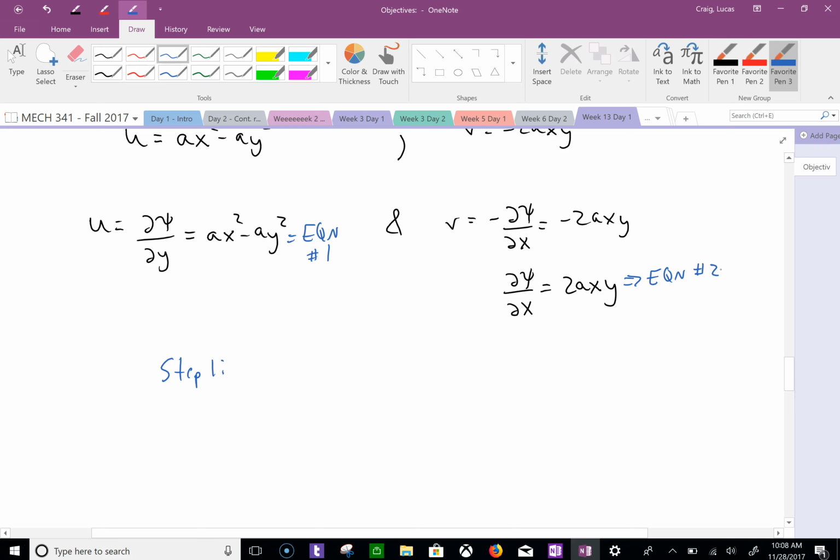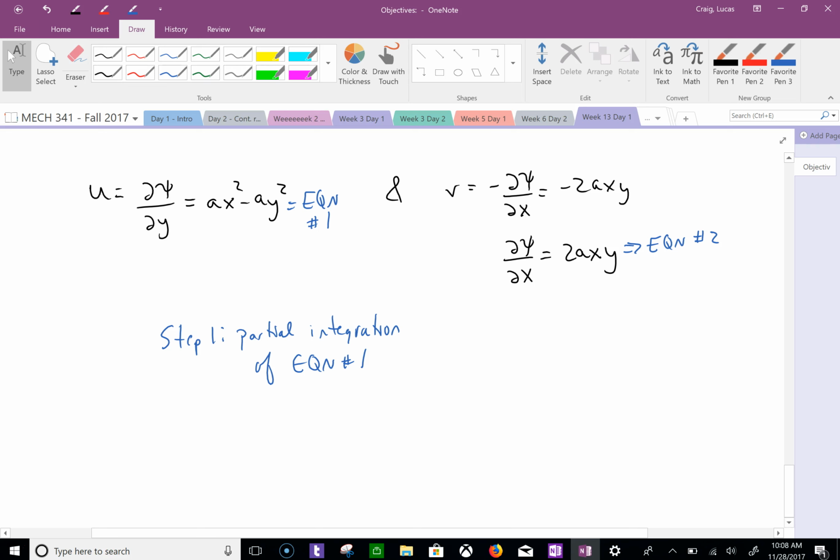Step 1: do a partial integration of equation 1, for psi.